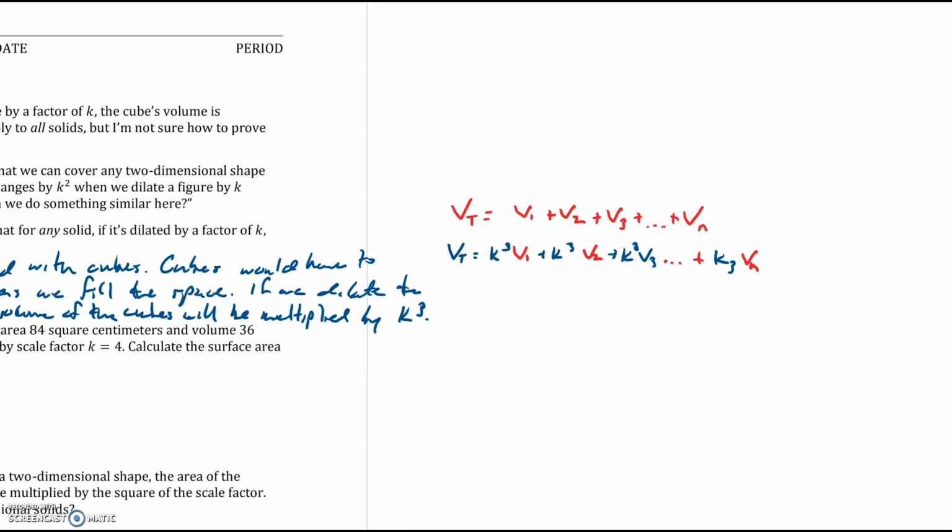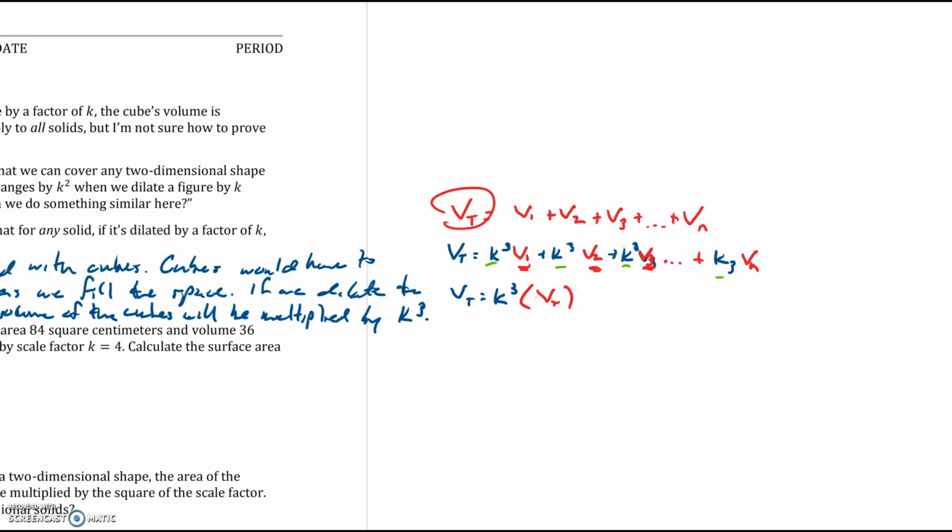Now recognize that I have a k cubed in each one of these terms, so I can factor that k cubed out. And what I'm left with is volume 1, volume 2, volume 3, all the way up to volume n, which was my original volume at the top.